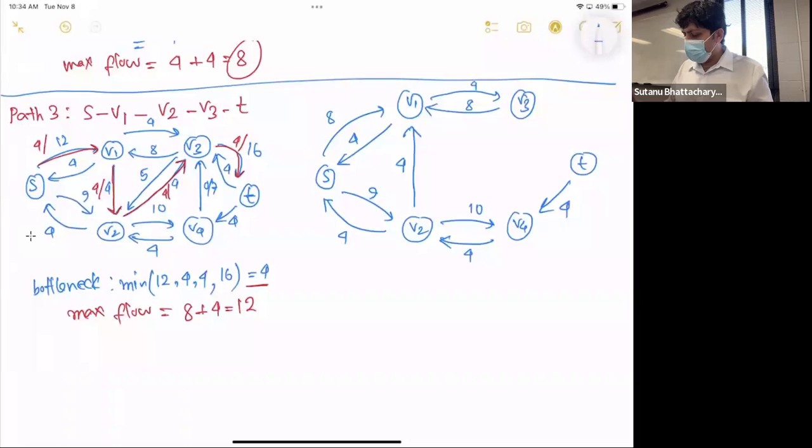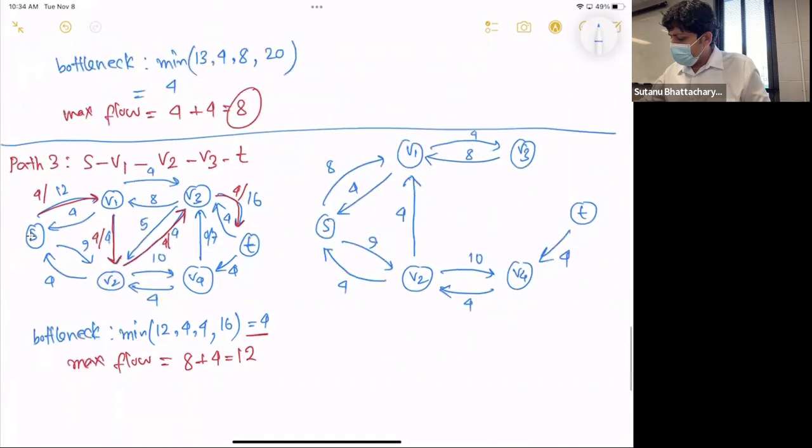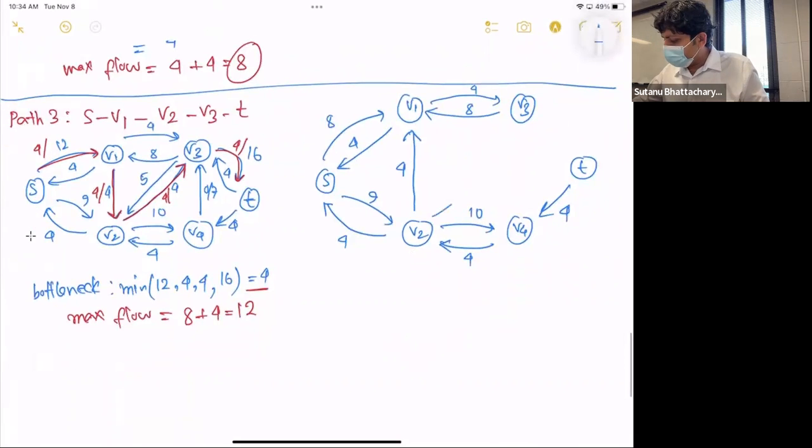Okay, so back edge. Now V2 to V3, what is the forward edge? That is the remaining capacity, 0. So the whole thing would be the back edge, with capacity 9.